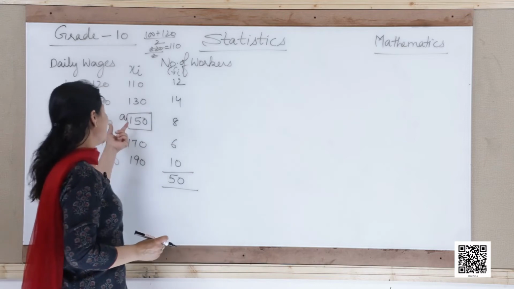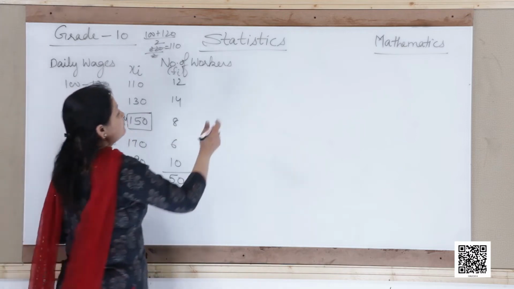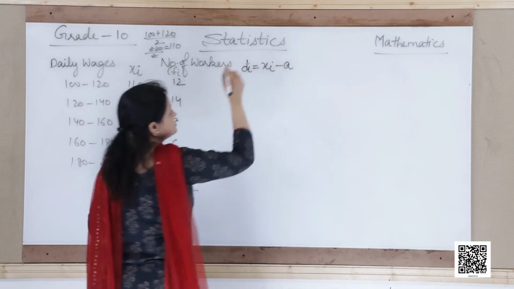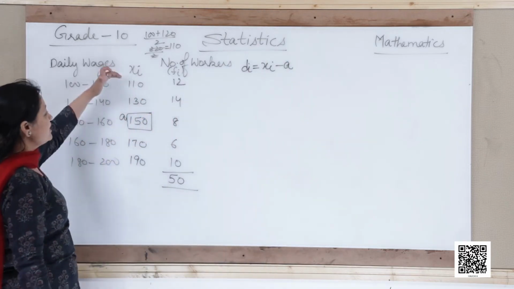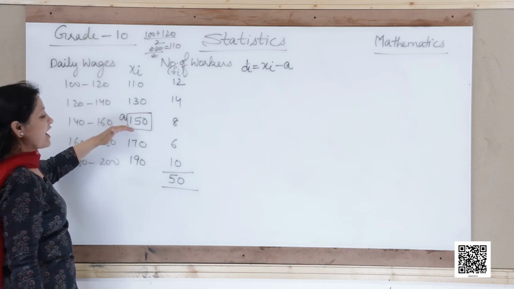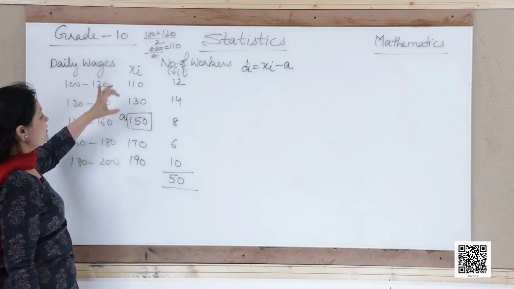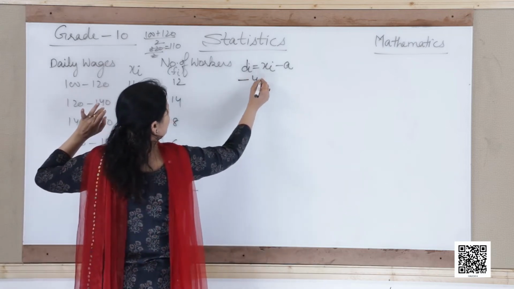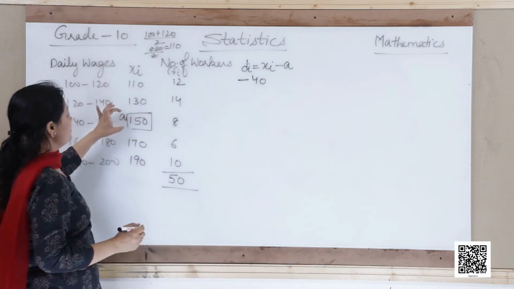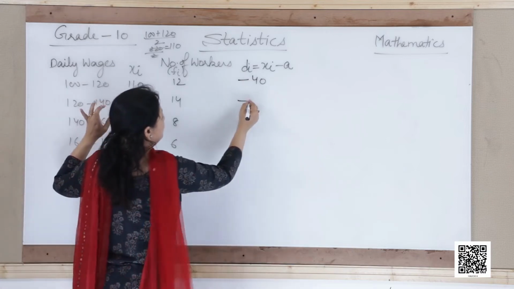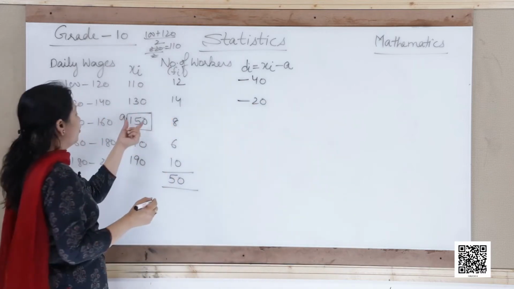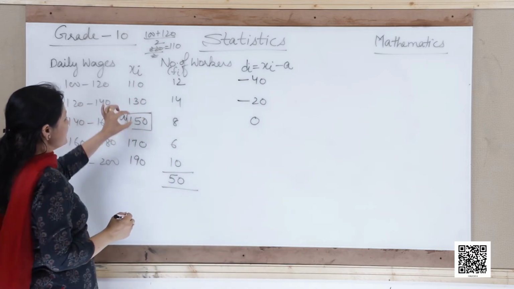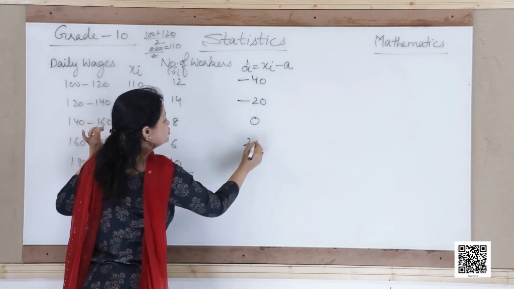Let us write it as A. Now, we will find di, which is xi minus A. From every number of xi, we will subtract this mean. 110 minus 150, what will we get? Minus 40. 130 minus 150, minus 20. 150 minus 150, 0. 170 minus 150, 20.